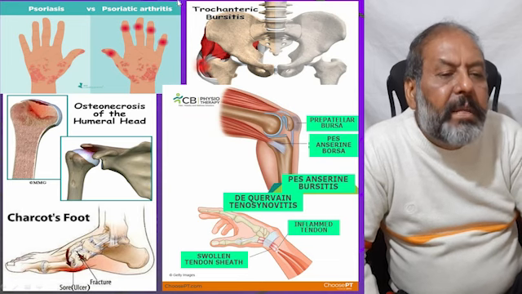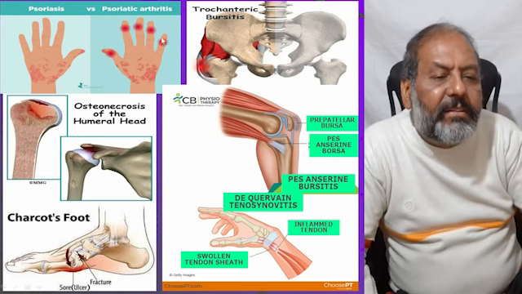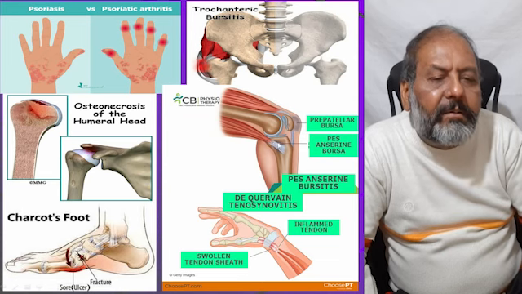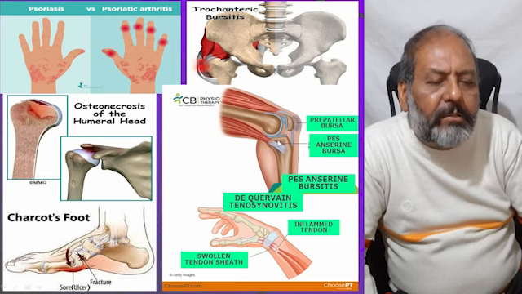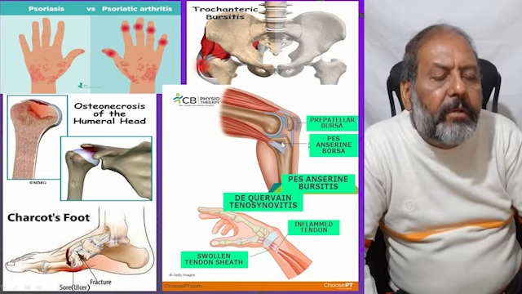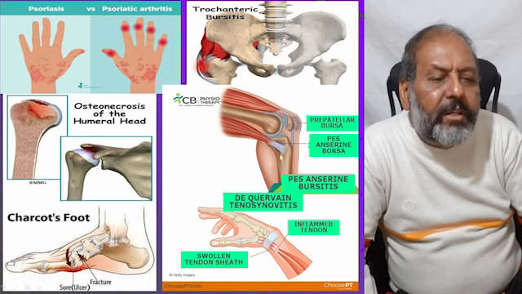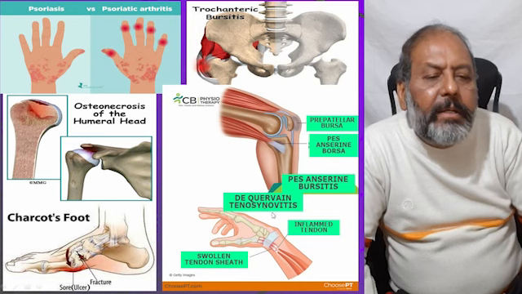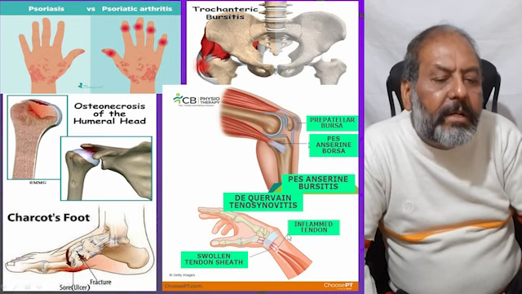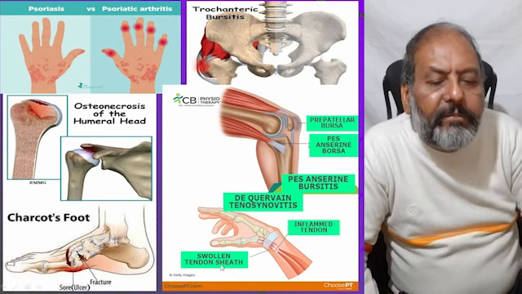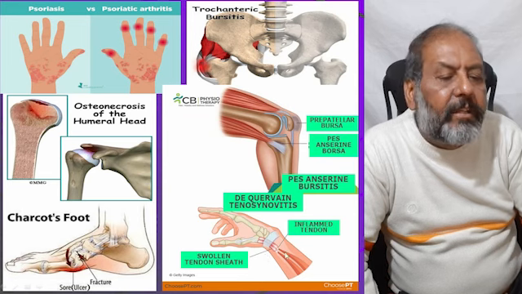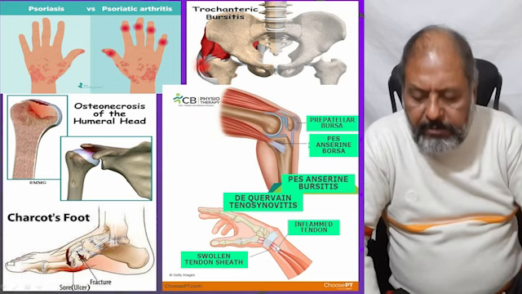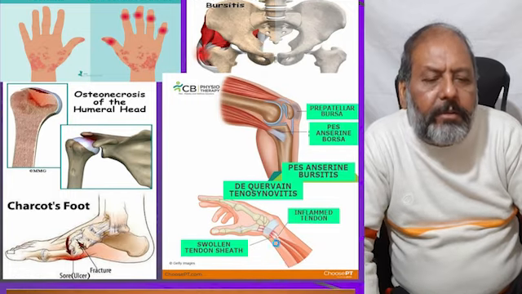There is the prepatellar bursa and the pes anserine bursa, which is here, and inflammation of this bursa is going to cause pain. Similarly, in De Quervain tenosynovitis, as one can see, there is a swollen tendon sheath and an inflamed tendon, which also gives pain like osteoarthritis.